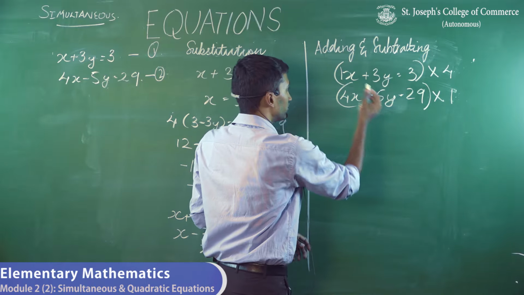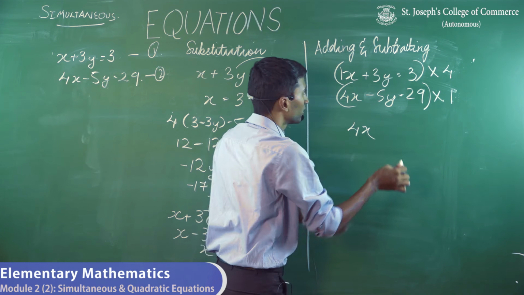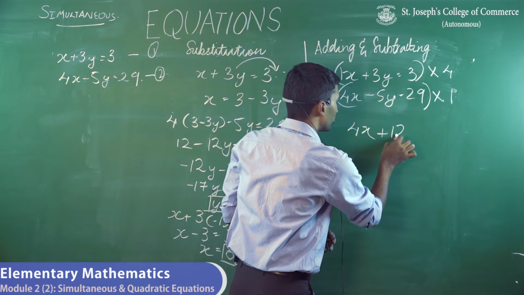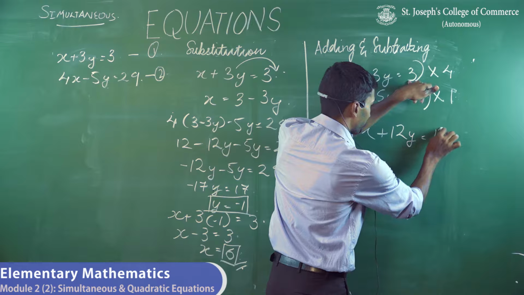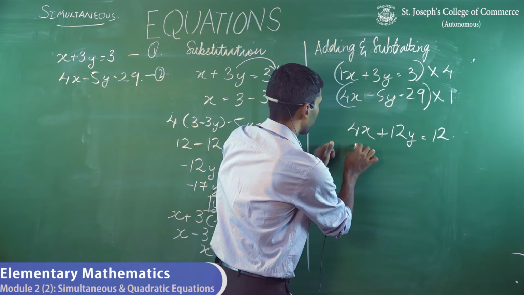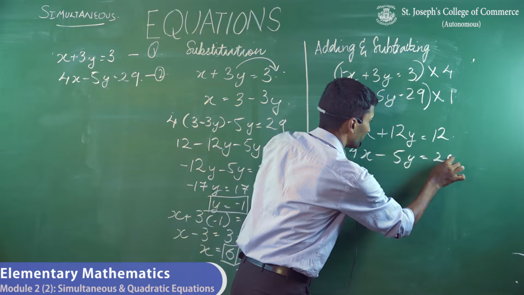So say for example, 4 into 1x will give you 4x. 4 into plus 3y will give you plus 12y, which is equal to 4 into 3 is 12. And here, 1 into anything will give you the same answer. So is equal to 29.